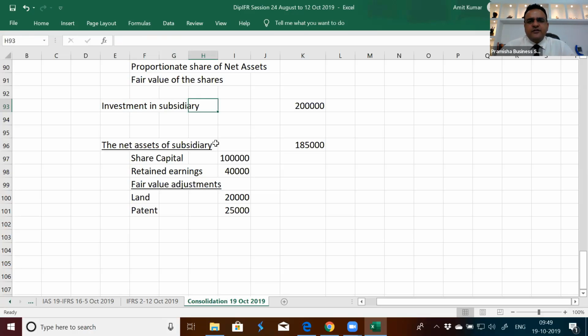What is it which is being paid more? What do you think? Goodwill. When we pay more than the fair value of net assets of subsidiary, the difference is known as goodwill.